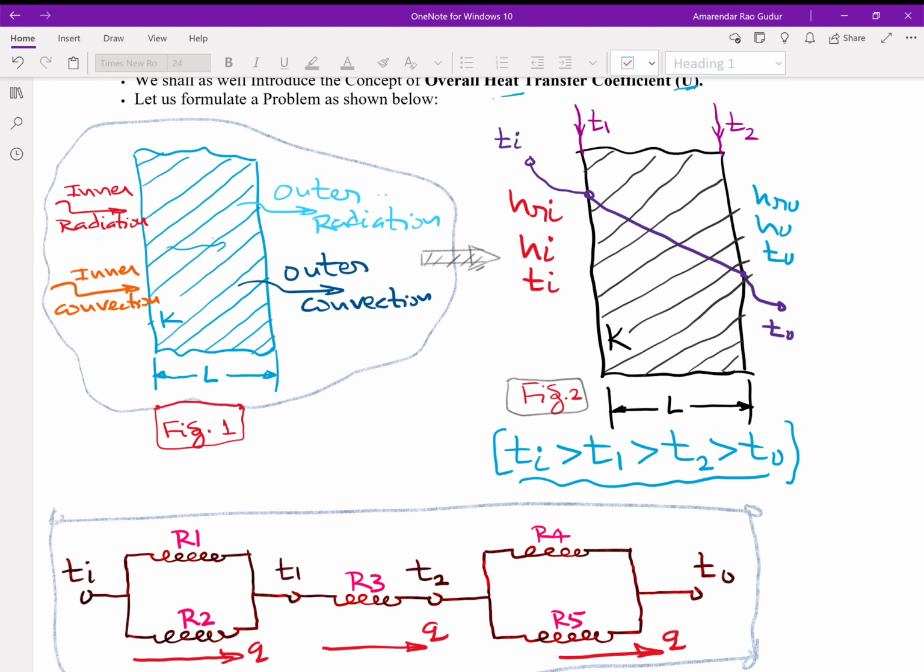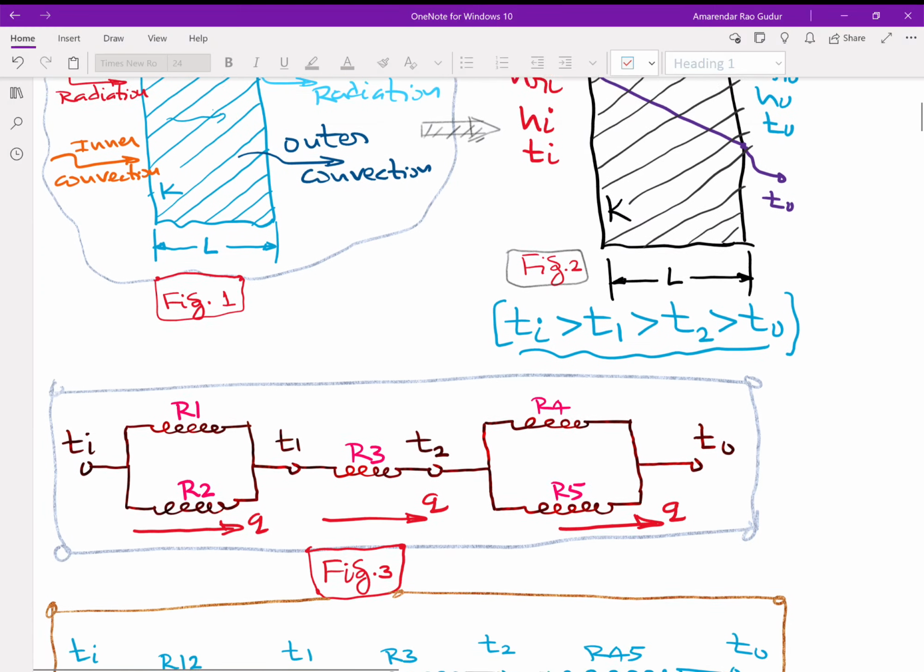And here the terminology is: HRI is the inner radiative heat transfer coefficient, HR0 outer radiative heat transfer coefficient, HI inner convective heat transfer coefficient, H0 outer convective heat transfer coefficient. So analogous to H, we are introducing something called HR.